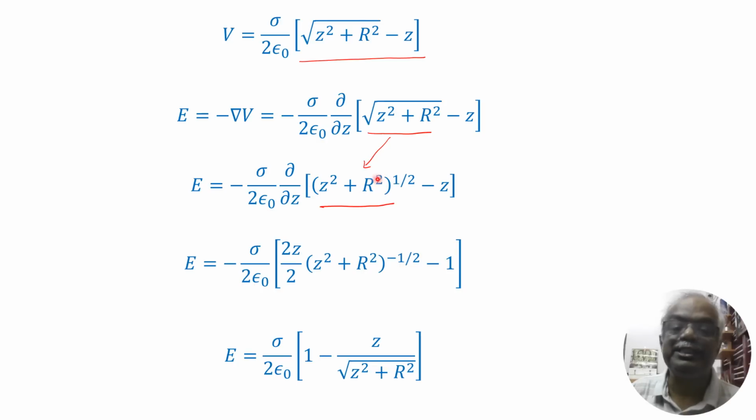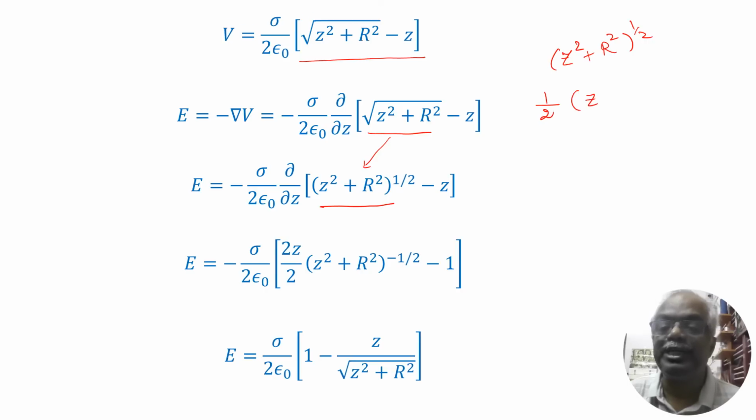Now we differentiate z squared plus capital R squared to the power half. You bring the half here, then you get z squared plus r squared to the power of minus half.